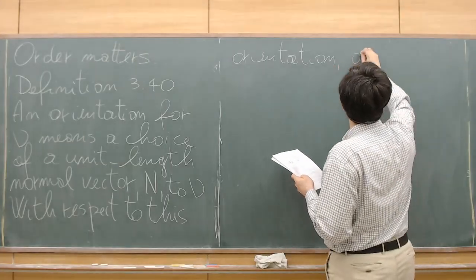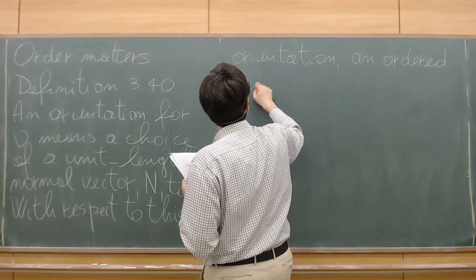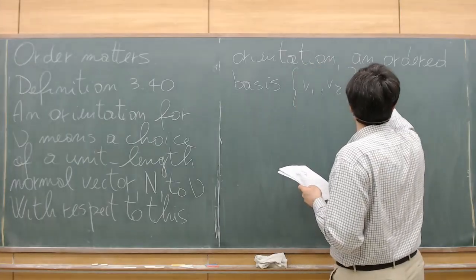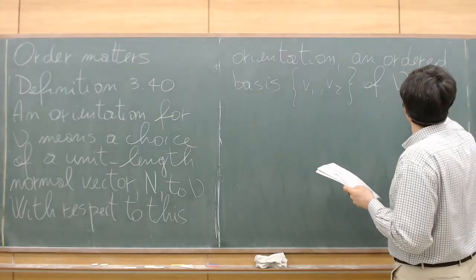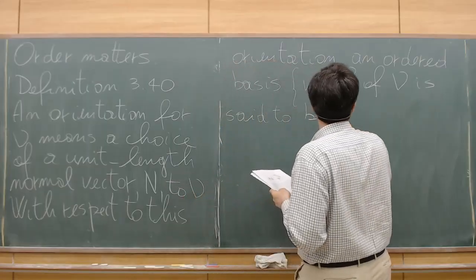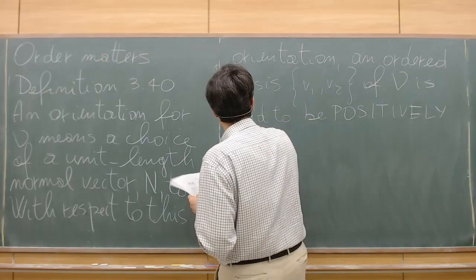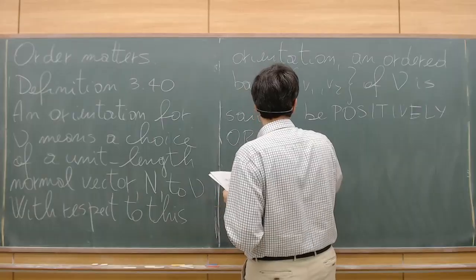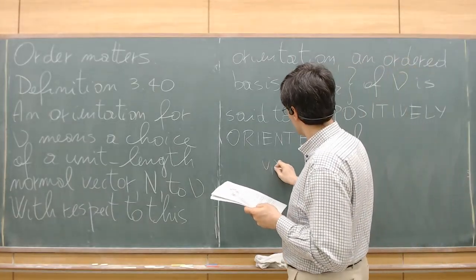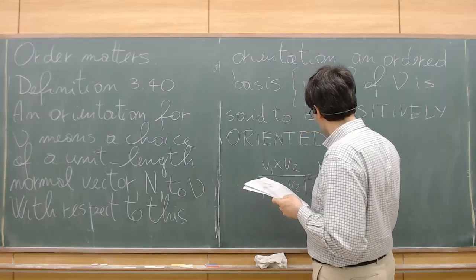an ordered basis V1, V2 of nu is said to be positively oriented if V1 cross product V2 divided by its length is equal to n.